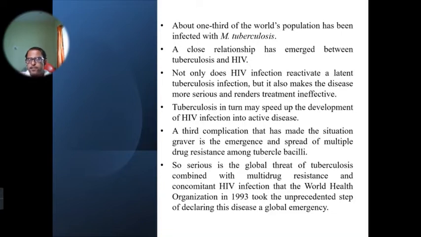This is another serious problem because whatever antibiotics we are using today against TB infections are effective in today's condition, but they might not be effective in future conditions. So we have to search for new antibiotics for the treatment of tuberculosis infection.